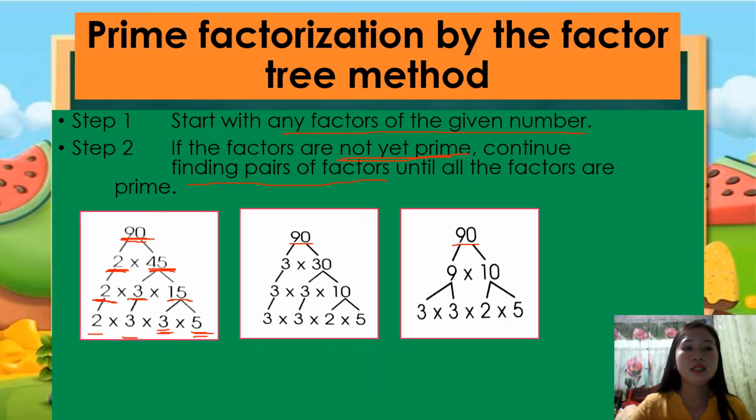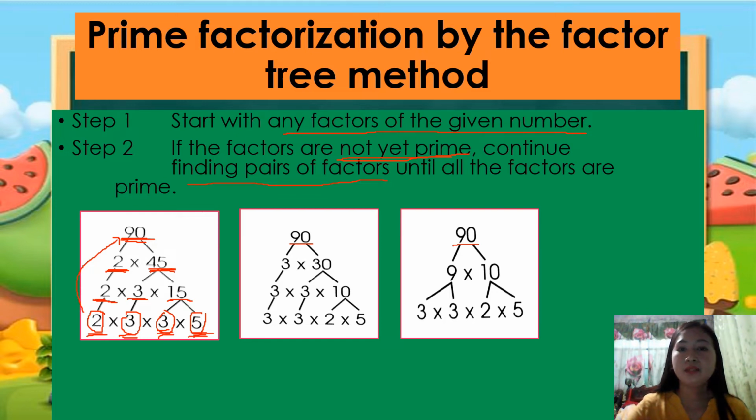So now, these 4 digits, 2, 3, 3, and 5 are now the prime factorization of 90. 2 times 3 times 3 times 5 is the prime factorization of the given number 90.